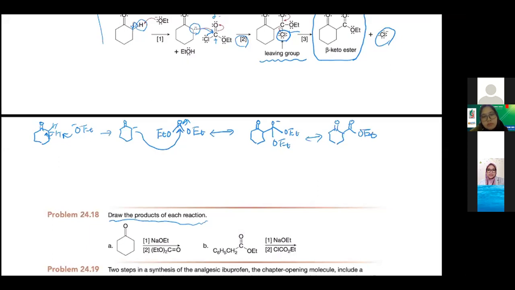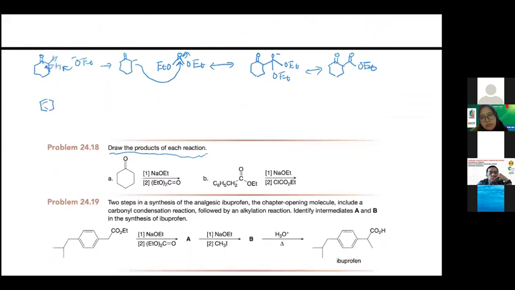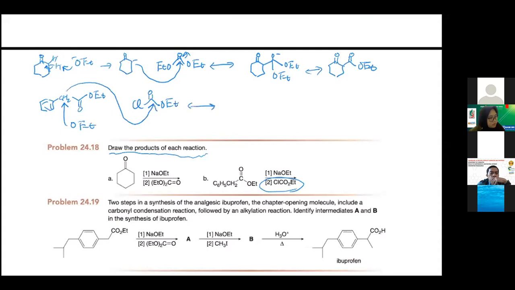Yes. Next, the chloride carbonyl ester, and this ethoxide takes one proton here, and this one has the negative charge, and this one attacks here, nucleophilic attack, and what compound is the intermediate?